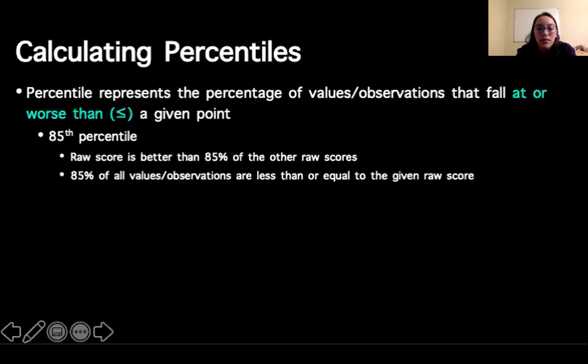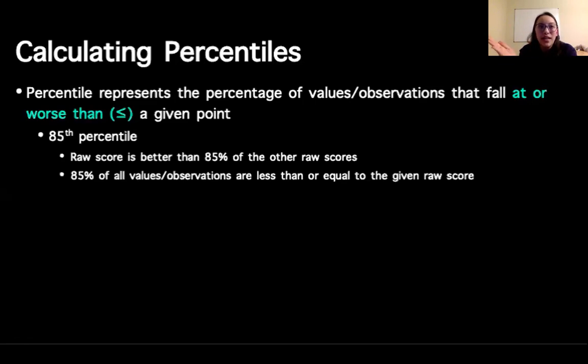Because percentiles are going to be kind of determinant on the unit of measurement that you're using. So a lot of times people will say, oh, someone was at or less than a given raw score. And we can't always say less than, right?